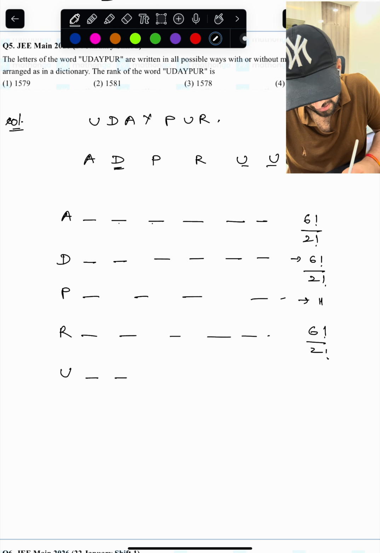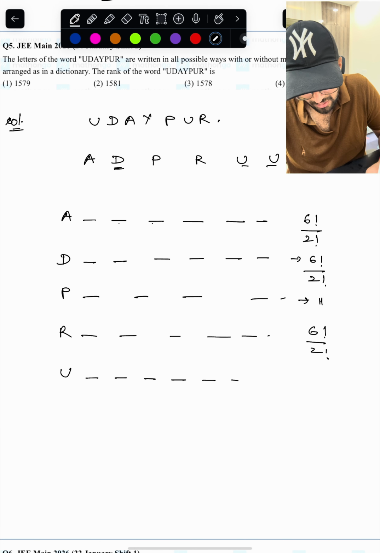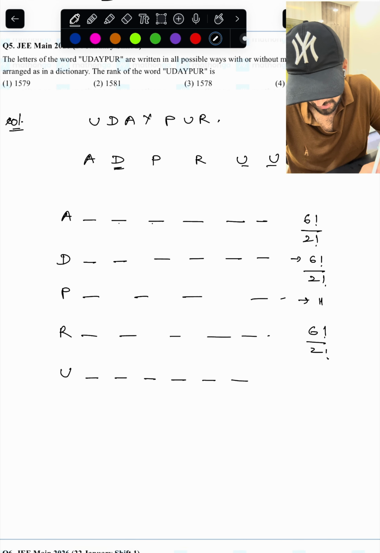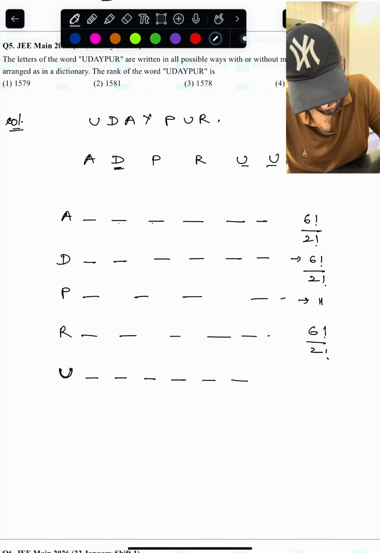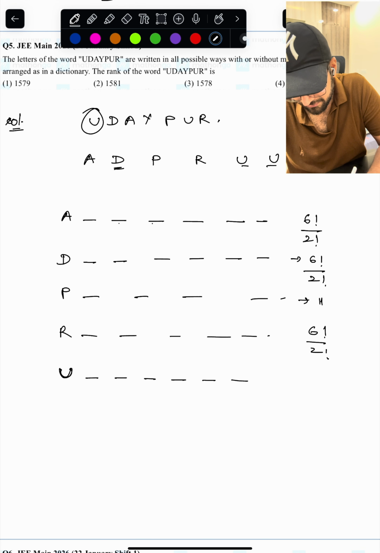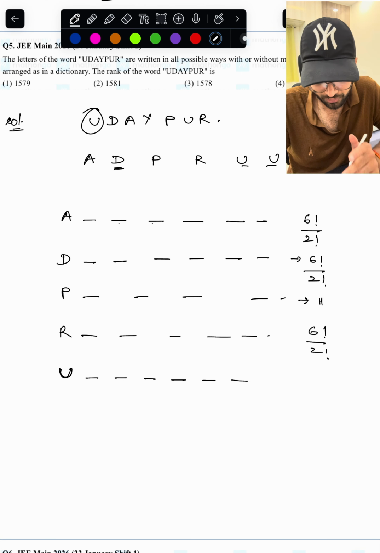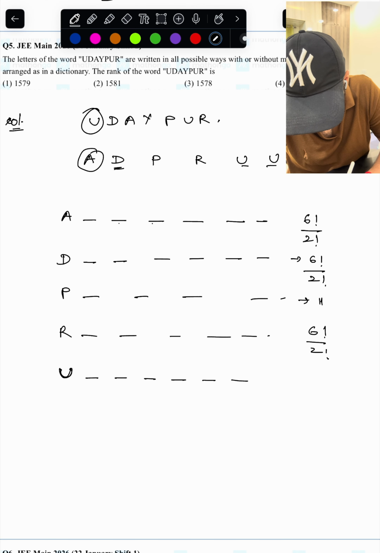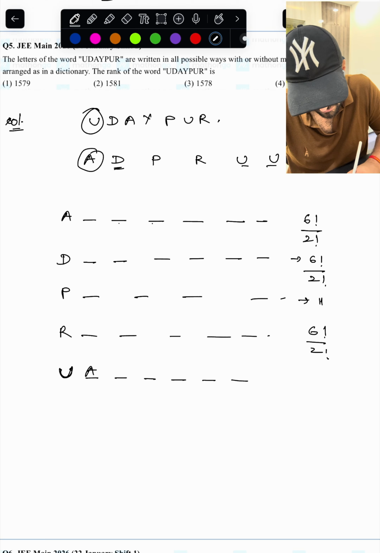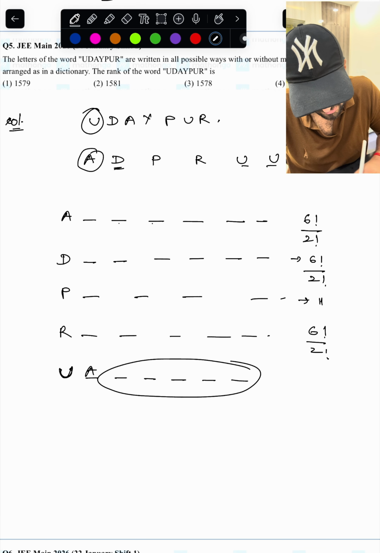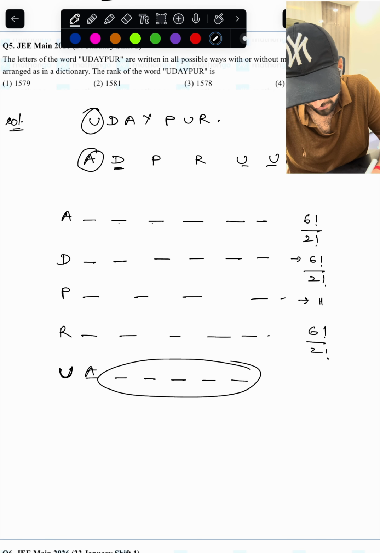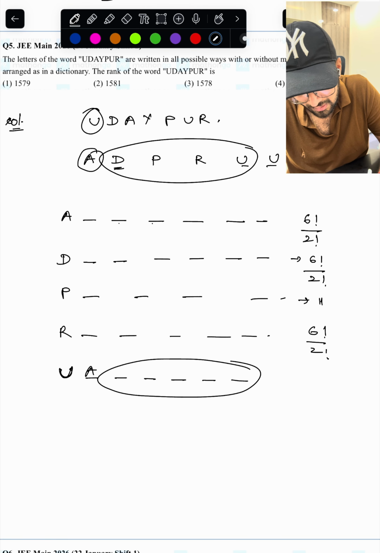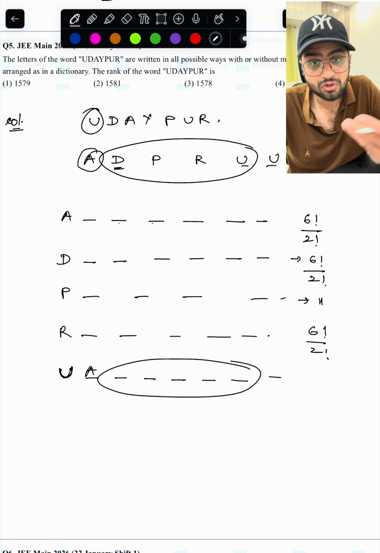Now it starts with U, right? Once U comes up, U will be fixed because the first letter of Udaipur is U. Now we have A here, so let's start with A. Then how many words can be formed? After U and A, we have letters in which there is no repetition.